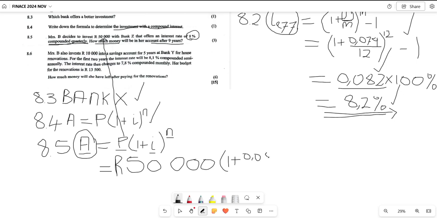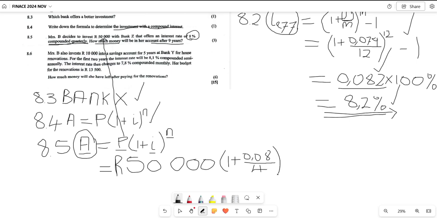Then since we have the compounding period, we are going to divide this interest rate by the compounding period that says compounded quarterly. Quarterly means every 3 months. How many 3 months do we have in 1 year? There are four 3-month periods in a year. Then we divide by the number of 3-month periods, in this case, 4.